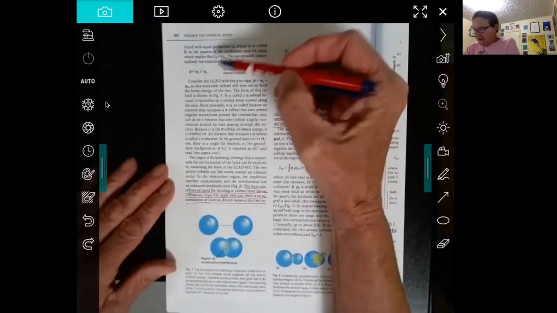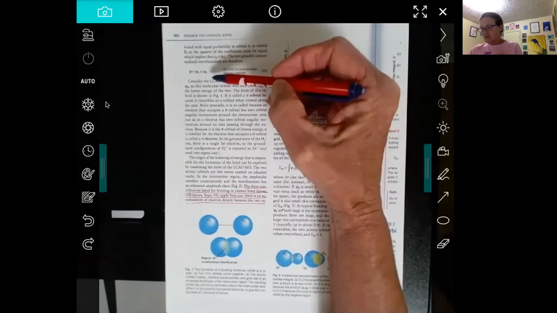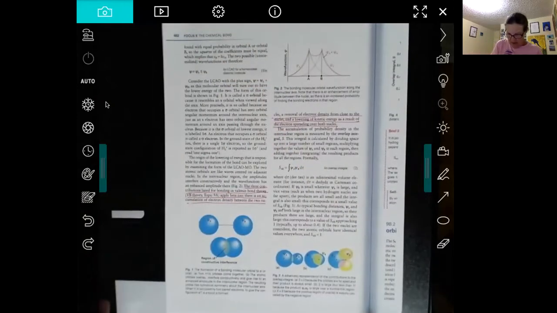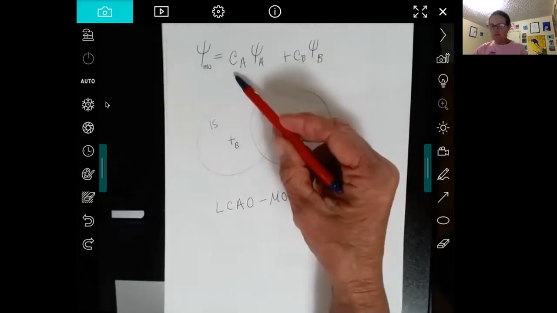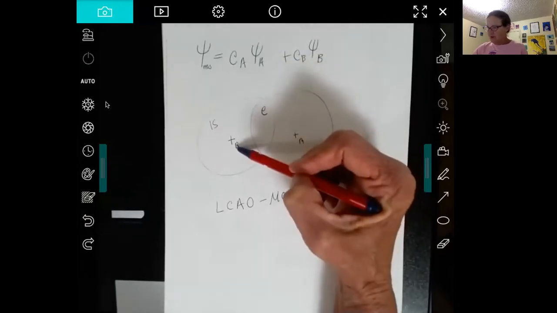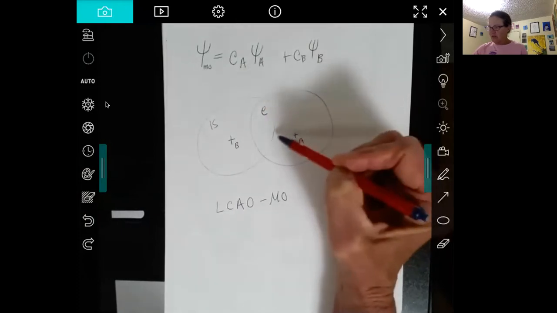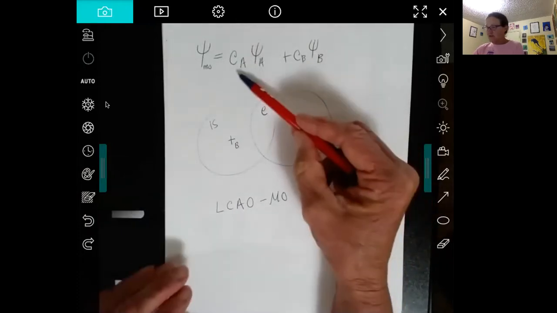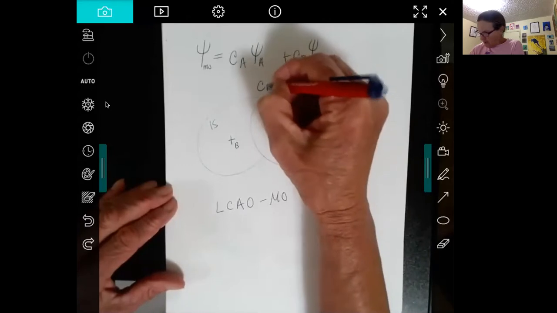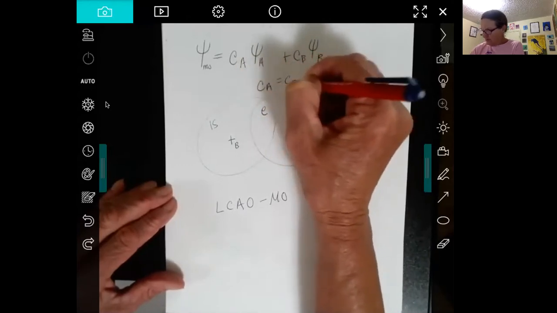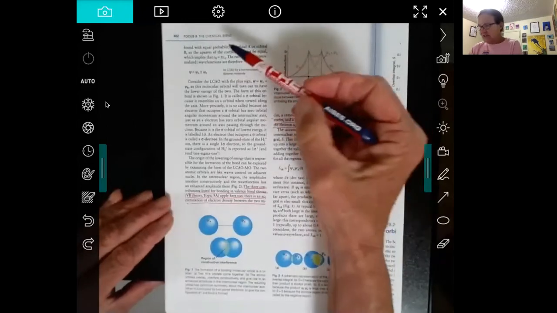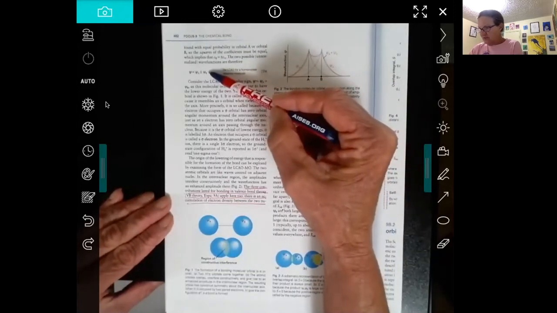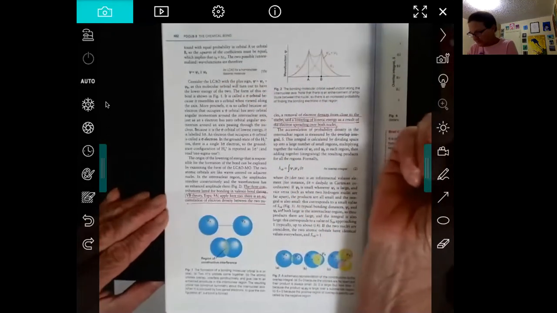If it's a symmetric molecule, then the contribution from an orbital on B will be the same as on A because there isn't any asymmetry. So Ca will equal Cb, and we can just then talk about this linear combination being a sum and a difference of the s orbital on A and the s orbital on B.